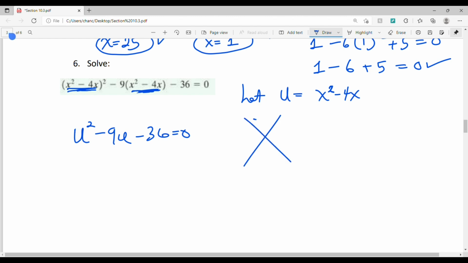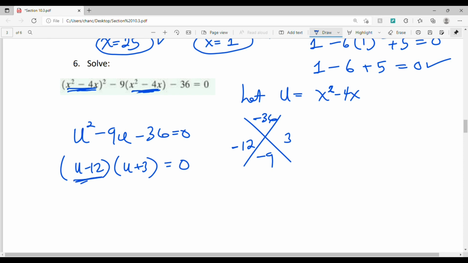Now using the diamond method, let's factor this. This gives me 12 and 3. It has to be a negative 12 to work. So this factors as u minus 12 times u plus 3 equals 0.